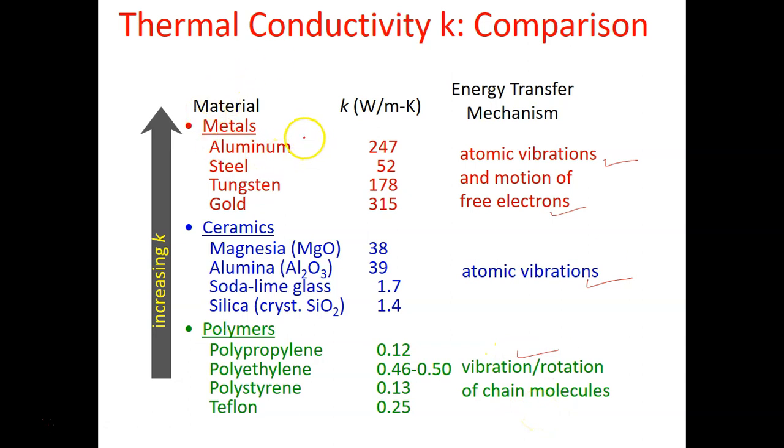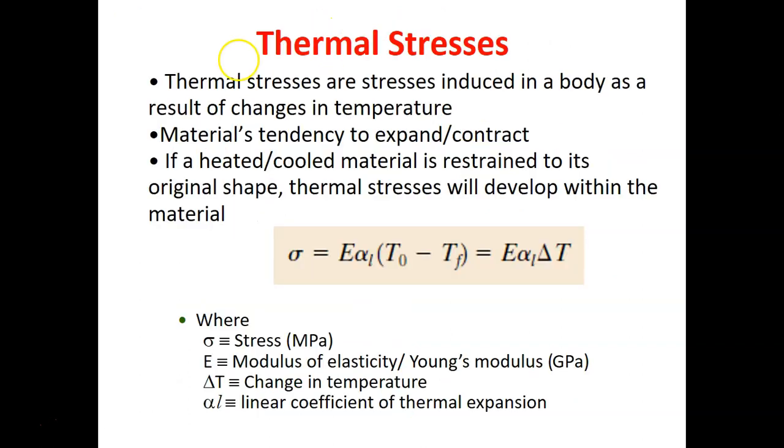The higher the thermal conductivity of a material, the better it can transport heat from high to low temperature regions compared to ceramics or polymers.